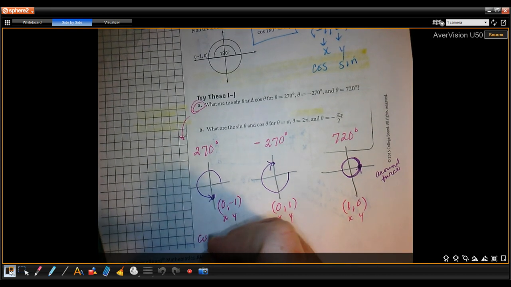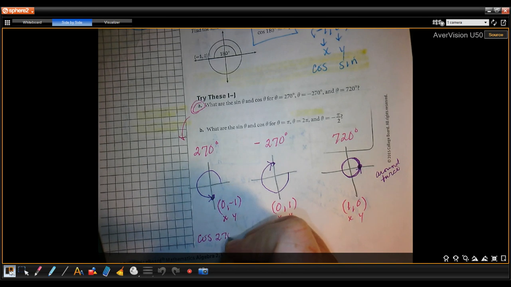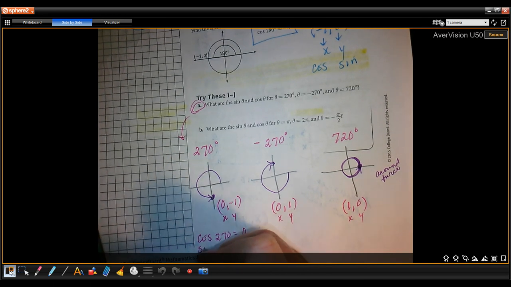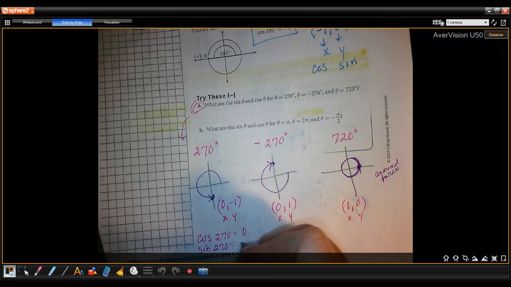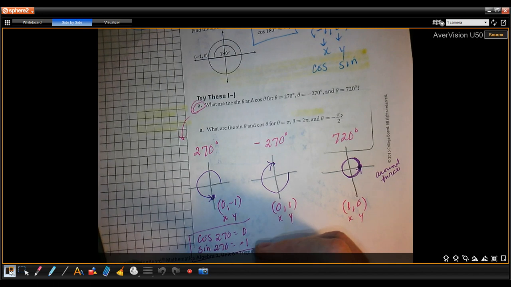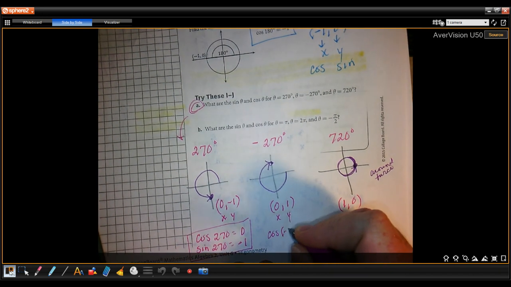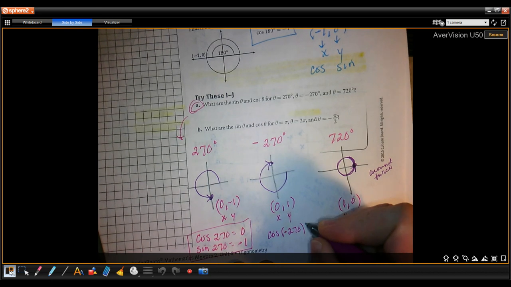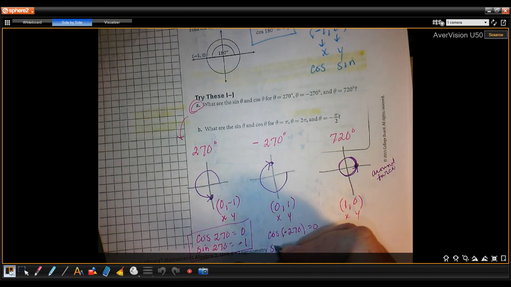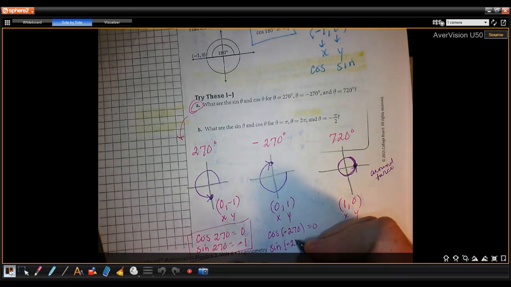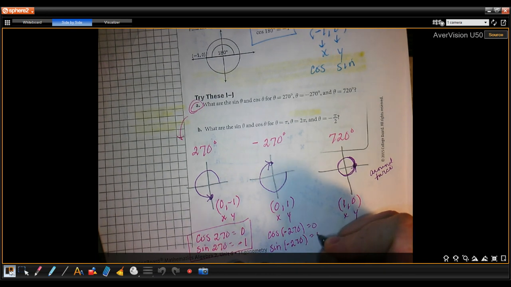So cosine of a 270 degree angle is your x, because x is cosine, 0. Sine of a 270 degree angle is negative 1. This one, cosine of a negative 270 degree angle is 0. Sine of a negative 270 degree angle is positive 1.